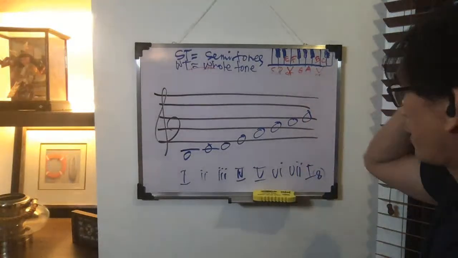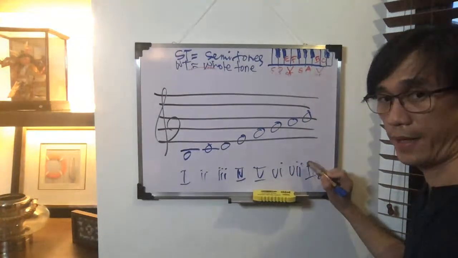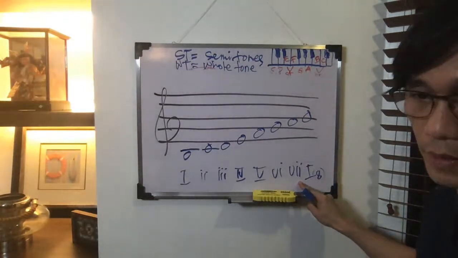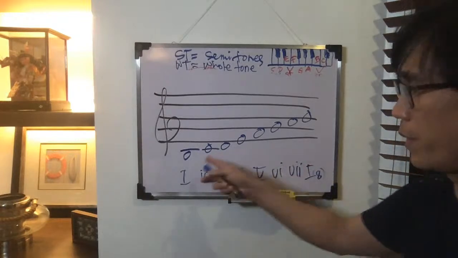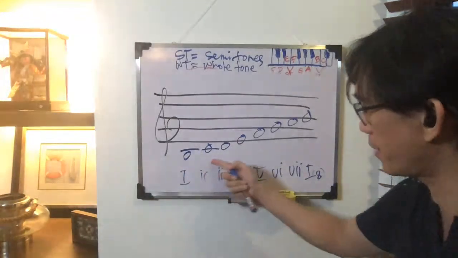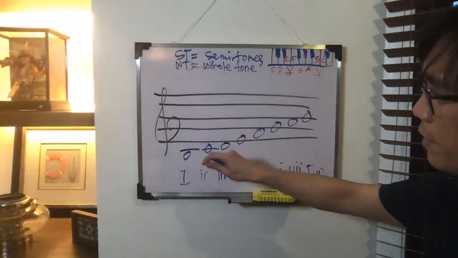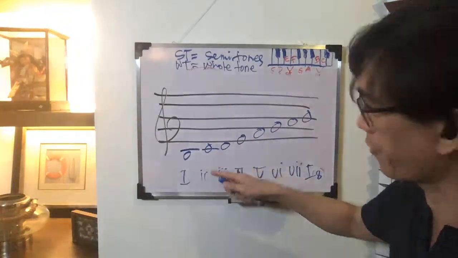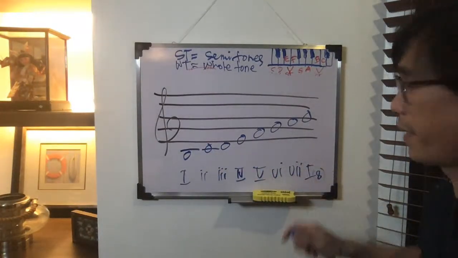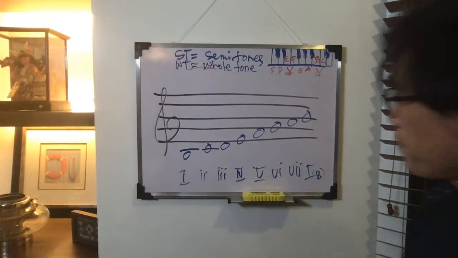Also, if you remember last week, I always wrote down a degree sign here for diminished 7, but today no need for that because we're not dealing with chords. It's just the basic scale. Only the scale is given, no superimposition of thirds. So you don't need to write the degree symbol for the diminished sign.